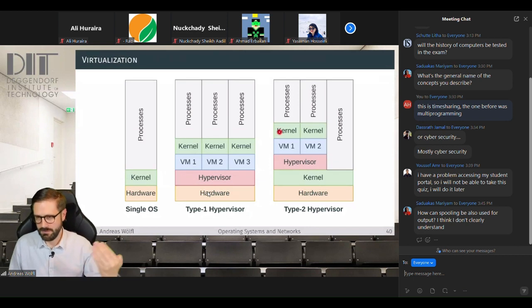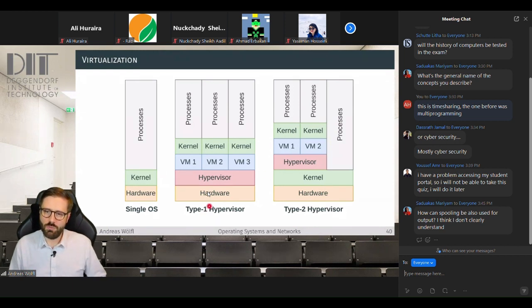And this is faster than simulating a CPU.